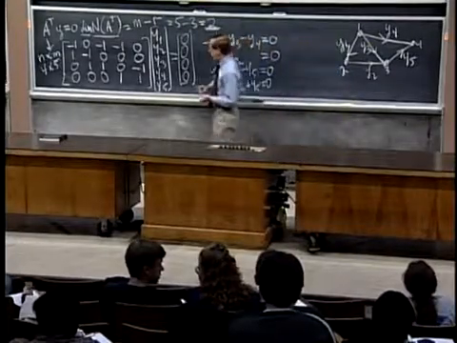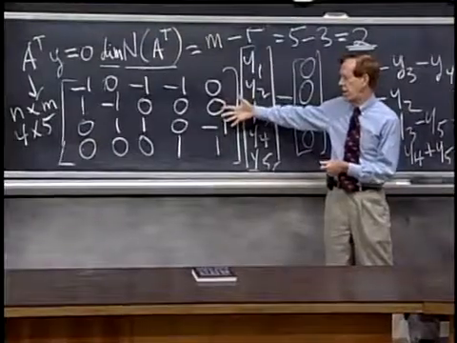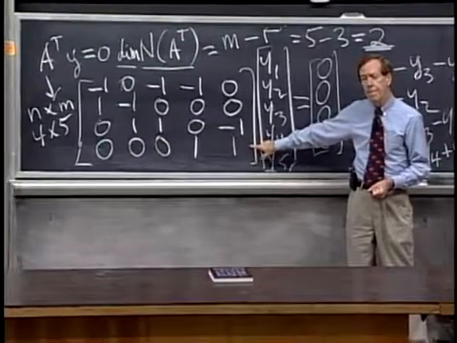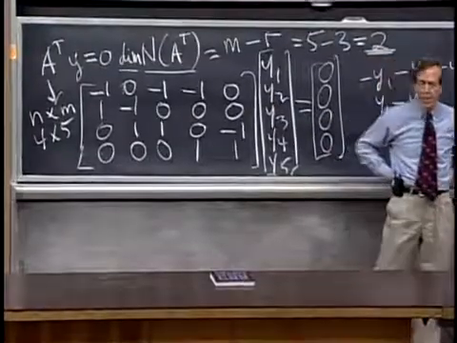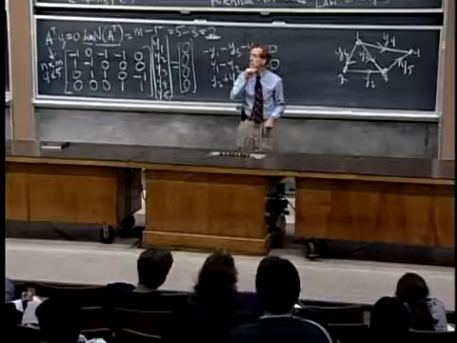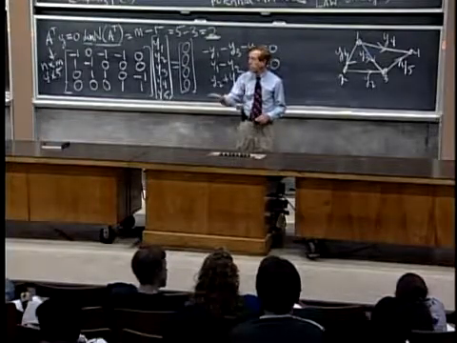Let me just ask you first, if I did elimination on that matrix, what would the last row become? The last row of R will be all zeros, right? Why? Because the rank is 3.